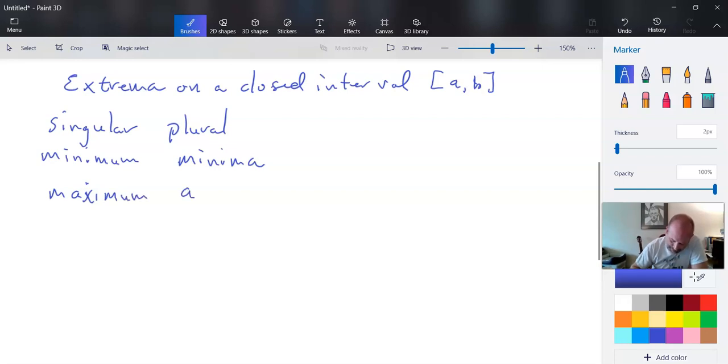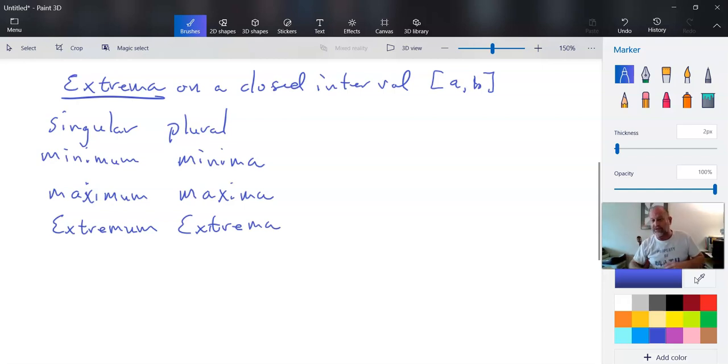The plural, boy, I'm having real spelling issues anymore. Boy, I picked the right major, didn't I? So maxima would be the plural. And you already see the plural of extremum: extremum is the singular, and extrema is the plural.